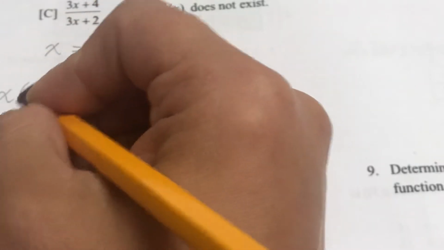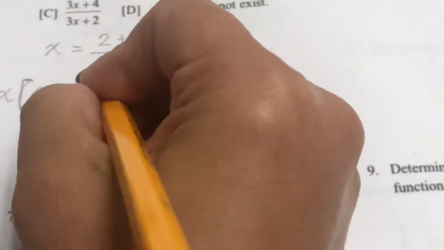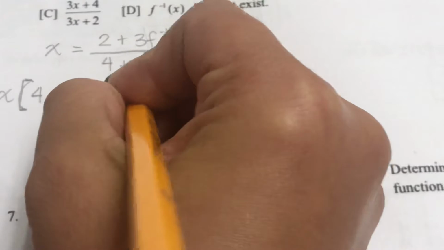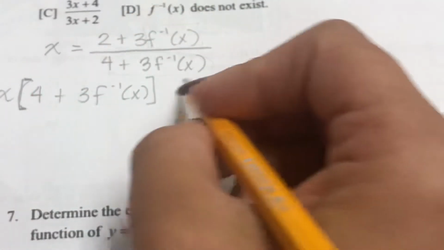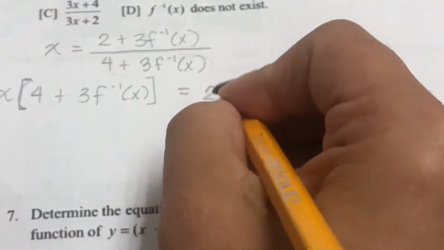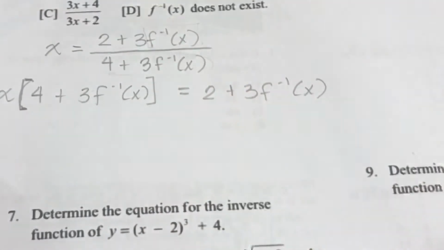So I'm going to have here x times, I'm going to use a bracket just because we have this parentheses here, 4 plus 3 f inverse of x, right? x times everything in there equals the numerator up here, 2 plus 3 times f inverse of x.